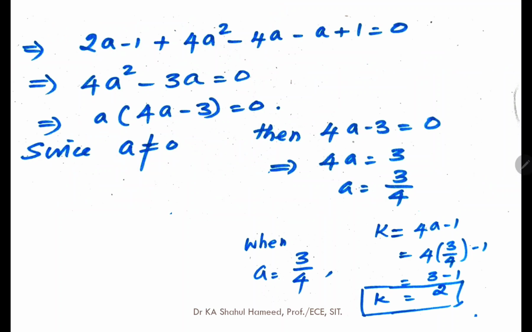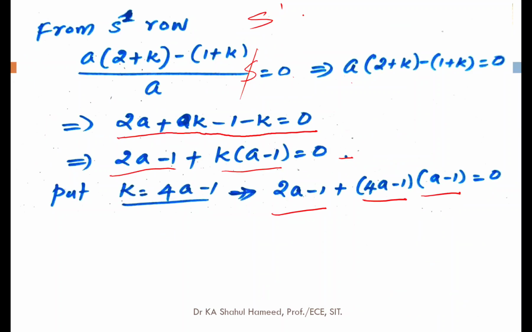So I'm just simply multiplying these two terms. I get 4a square minus 4a minus a plus 1. So we have another two terms, 2a minus 1, which is equal to 0.